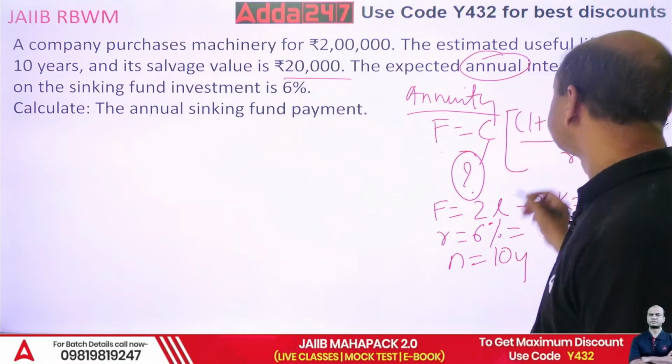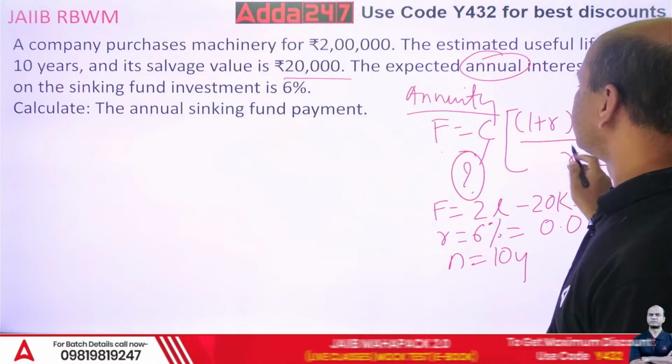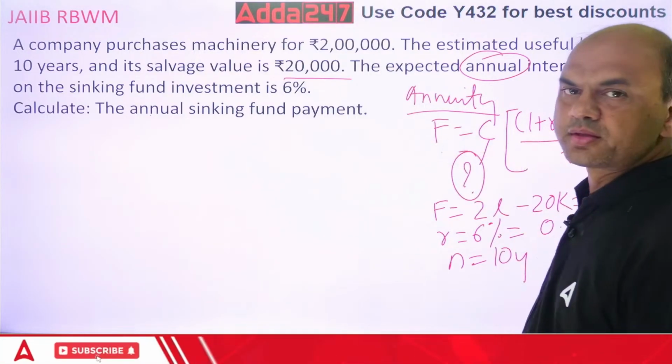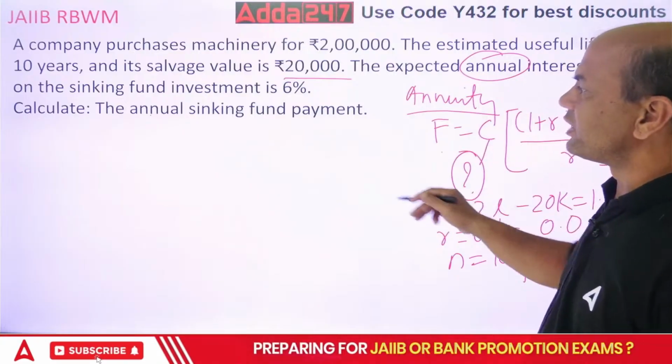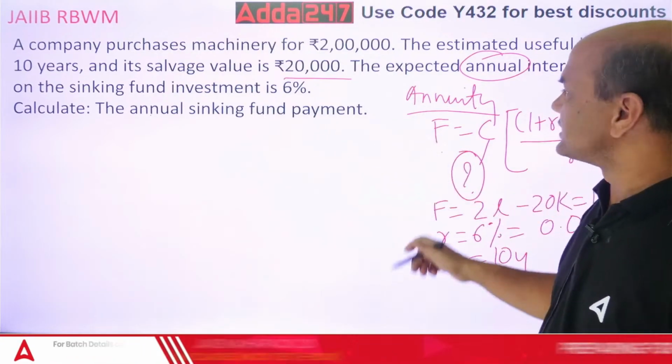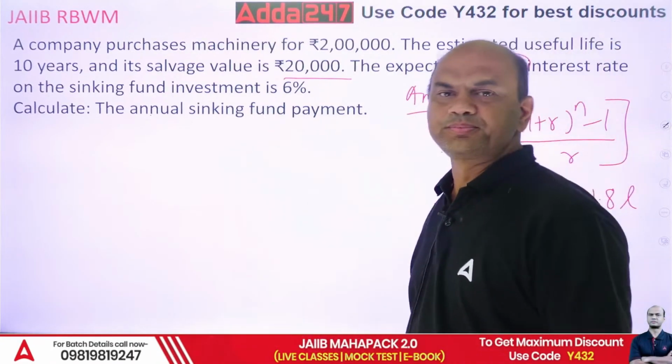Anything else? C, R, N, that's it, and F. C is what you have to find out, the annual sinking fund payment.